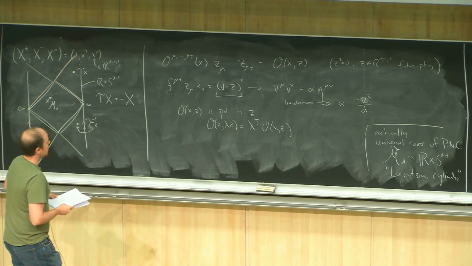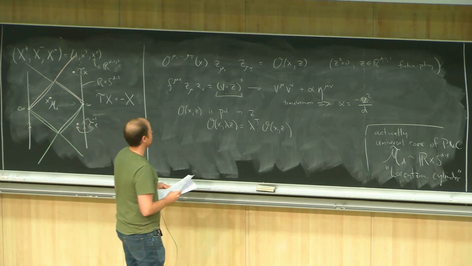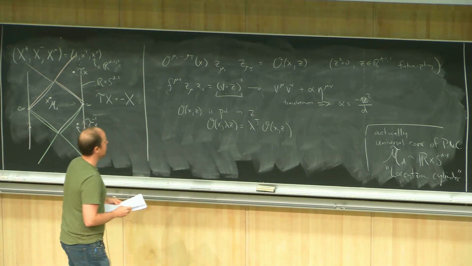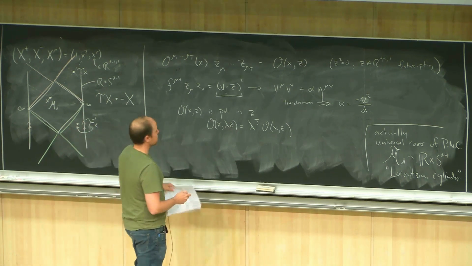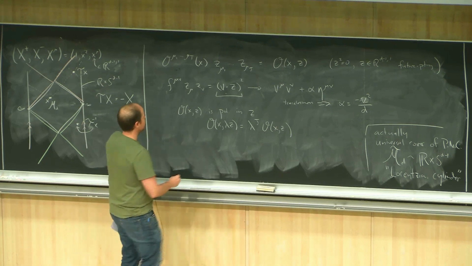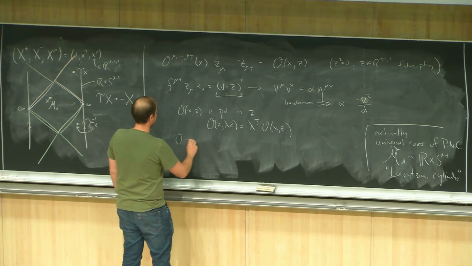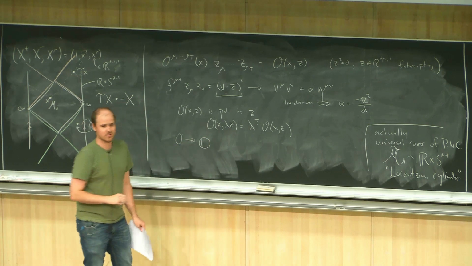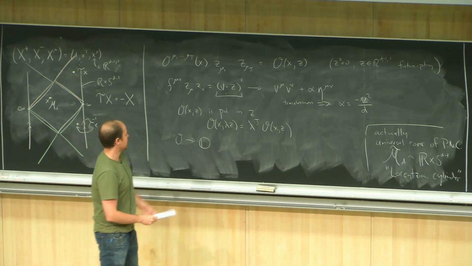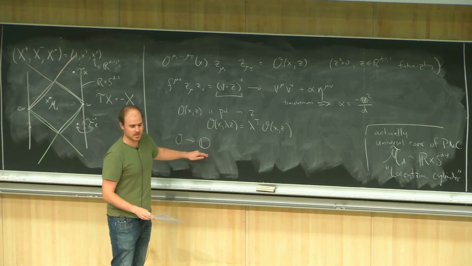Okay, so I'll just tell you the punchline now for describing non-integer spin operators. The way you describe non-integer spin operators is that, first of all, instead of writing this funny O, we're going to write this funny O. That's just notational convention. So I'll use this to mean something that could possibly be non-integer spin.